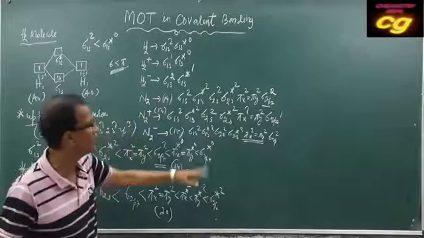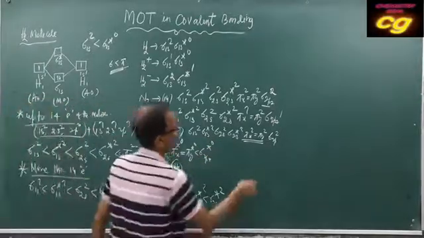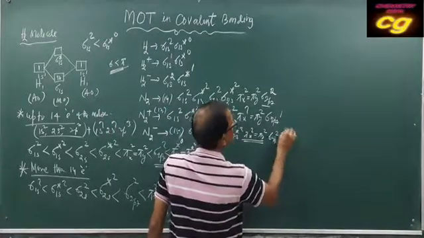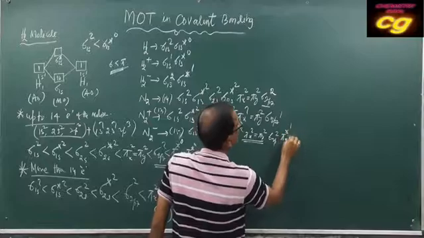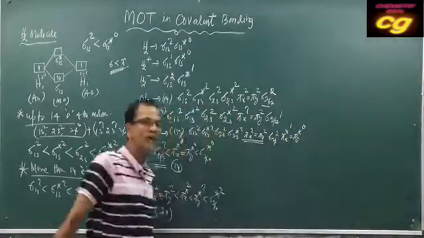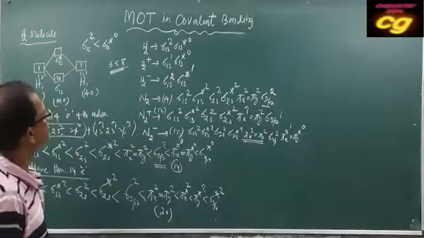Then next is coming the star, after sigma 2pz, star will come. So it will become pi x star 1 and pi y star 0. 1 electron occupying this. So this is the configuration of N2 minus.